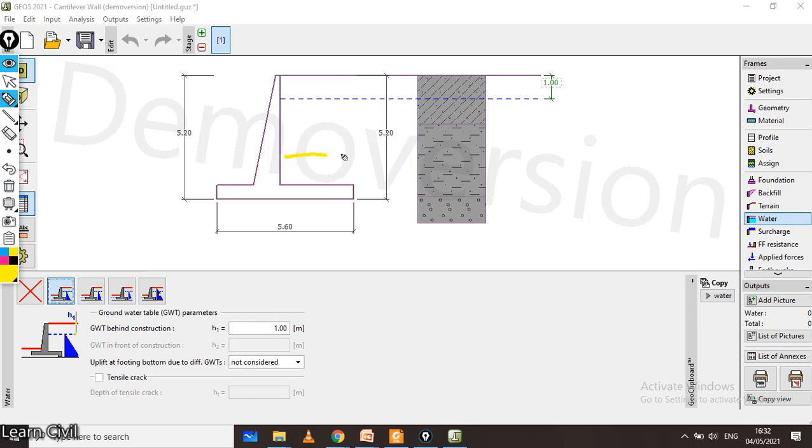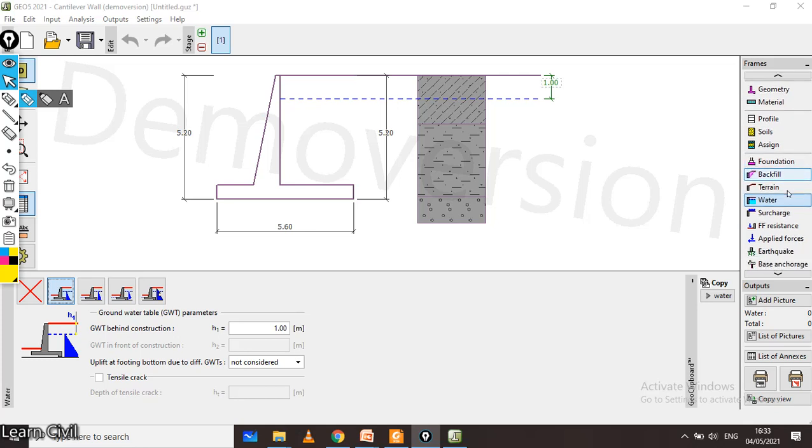So it is like this. There will be some water table here, which will be underground, and this particular height will be 1 meter. So select the water details like this. Then we have to go to analysis.